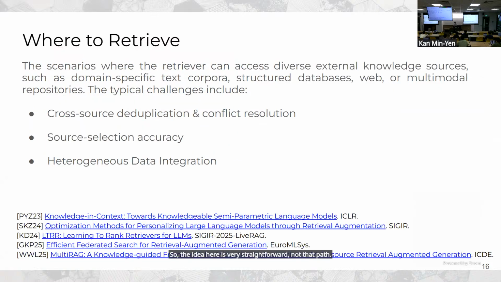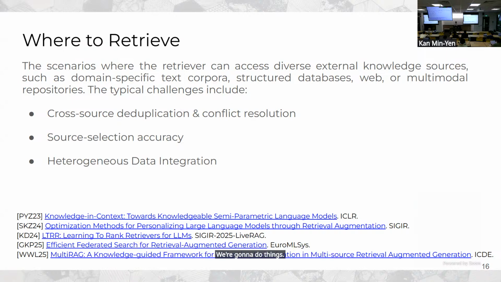Okay. For the second question, where to retrieve? As we mentioned, when there are multiple available external data sources, we have to make a decision about which data source to use. In this context, there are a number of challenges, such as cross-source duplication and conflict resolution.